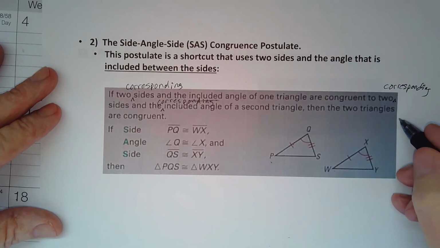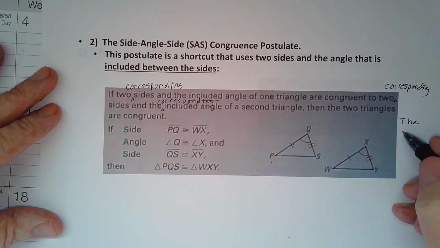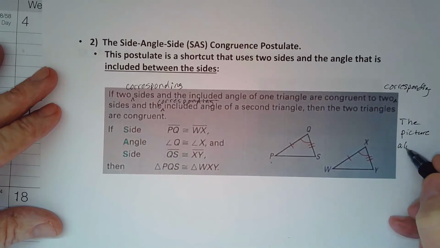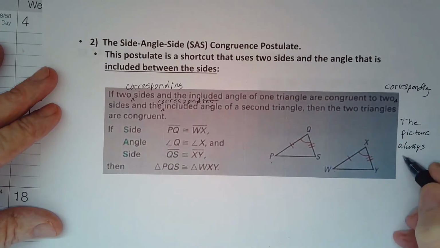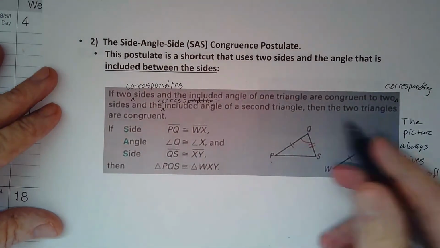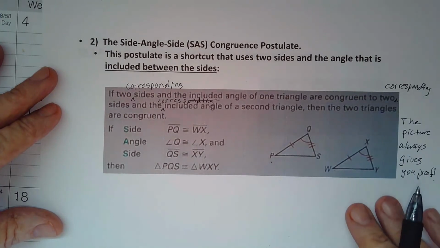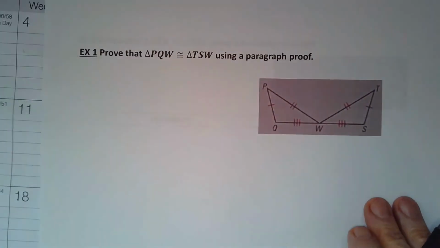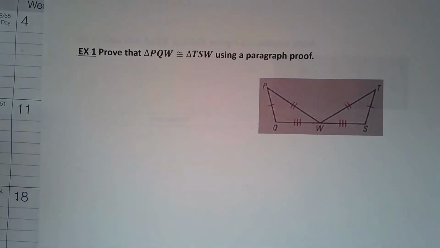Again, the diagram or the picture always gives you proof. And you can develop your written out proof based upon the information that you see here. Okay? All right. So now we're going to do two short examples.